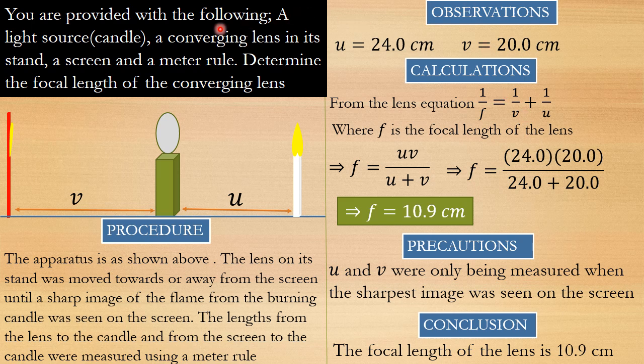You can go to an example and what it tells you is a convex lens. It is still the same thing. So a converging lens is the same as a convex lens, and a diverging lens is the same as a concave lens. So never forget. And like I said initially, friends, the focal length of a convex or a converging lens has a positive value, and that for a diverging lens has a negative value.